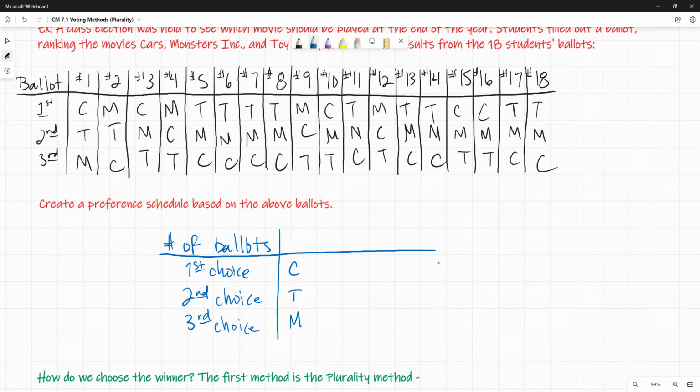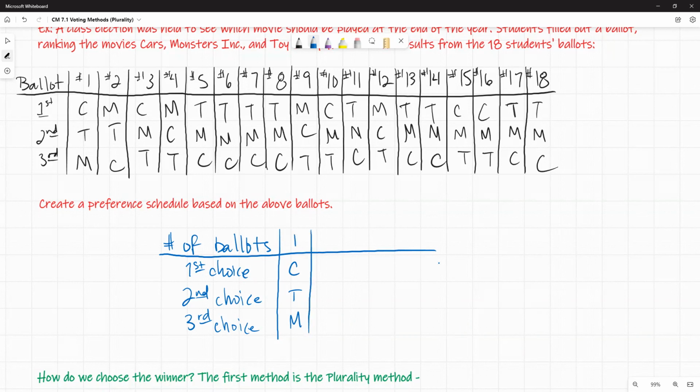Looking through, that's the only time this configuration happens. Only one person voted for that order. So that's our first column.